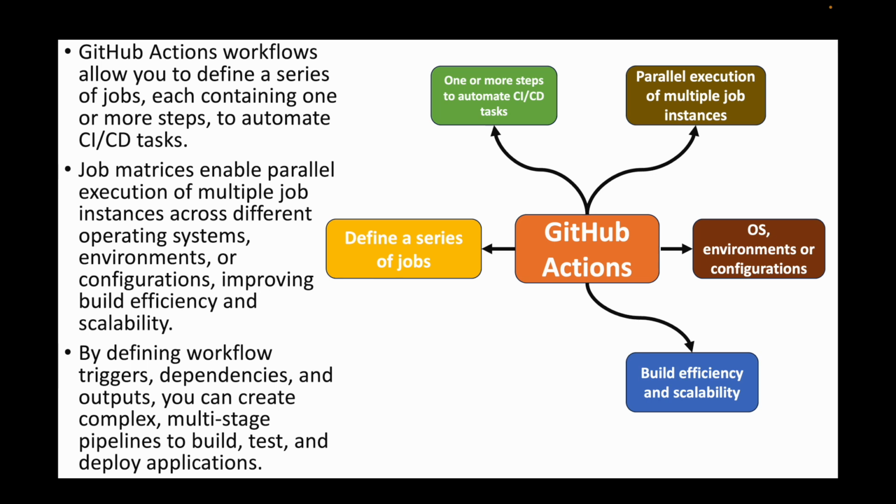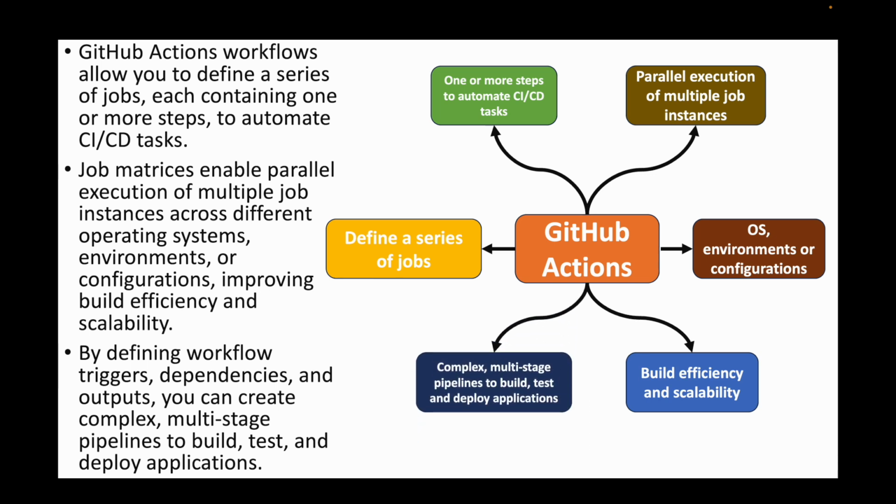Now, by defining your workflow triggers, dependencies, and outputs, we can create complex multi-stage pipelines to build, test, and deploy our application. So GitHub Actions can be used to define our tasks for our CI/CD deployment. Job matrices can be used to enable parallel execution of these multiple jobs across different environments.